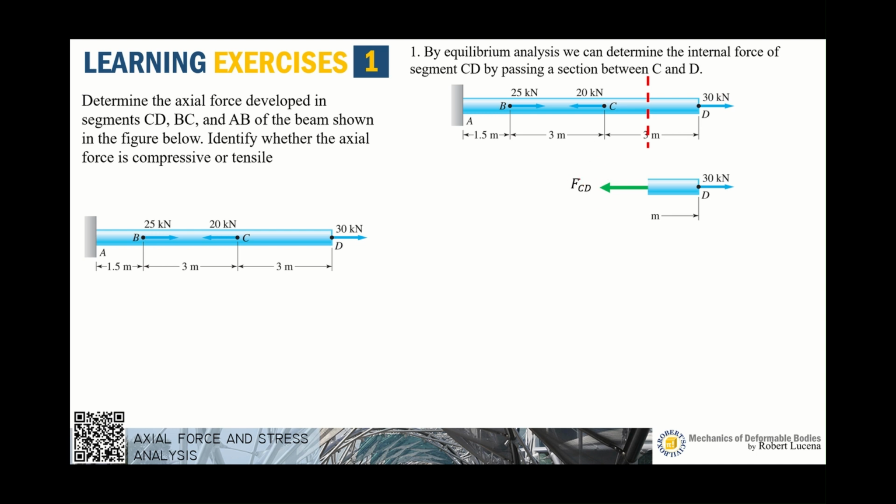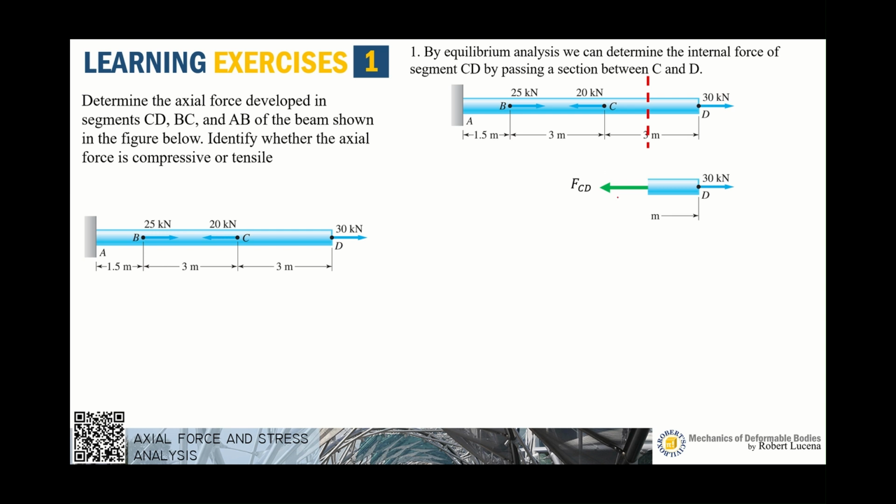If the value that you determine is negative, that means the direction of your assumption is the opposite of the actual direction. Meaning, if you have a negative value of FCD later on, the true direction of the internal reaction is not to the left, but rather to the right. So let's name the internal reaction FCD because it is the internal reaction of segment C to D.